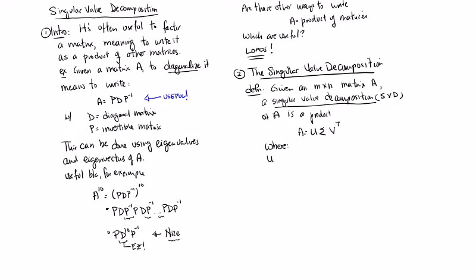U will be an m by m orthogonal matrix. V will be an n by n orthogonal matrix. And sigma, which looks like a sigma for sum notation, but it's not, is just another matrix.